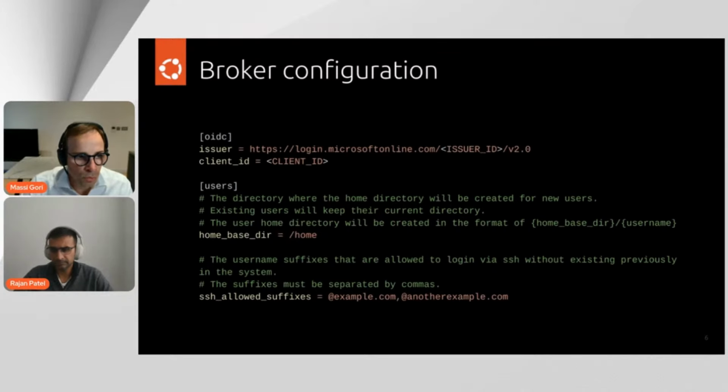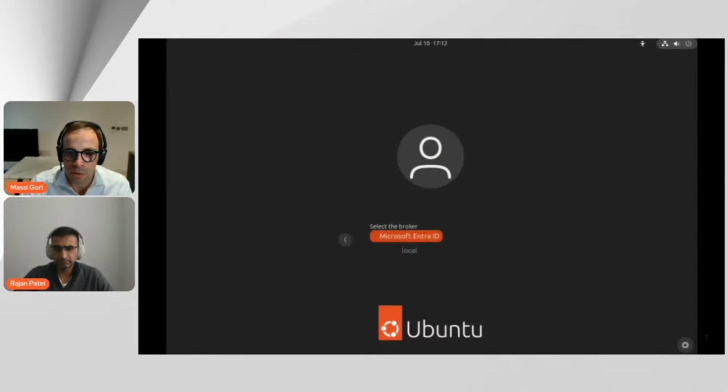So moving over to what that looks like on Ubuntu Desktop after you have everything installed. After you install everything and you reboot the system, you will be presented with a login choice. On the bottom case, if you click on local, you will basically input your traditional local credentials as if nothing was installed.